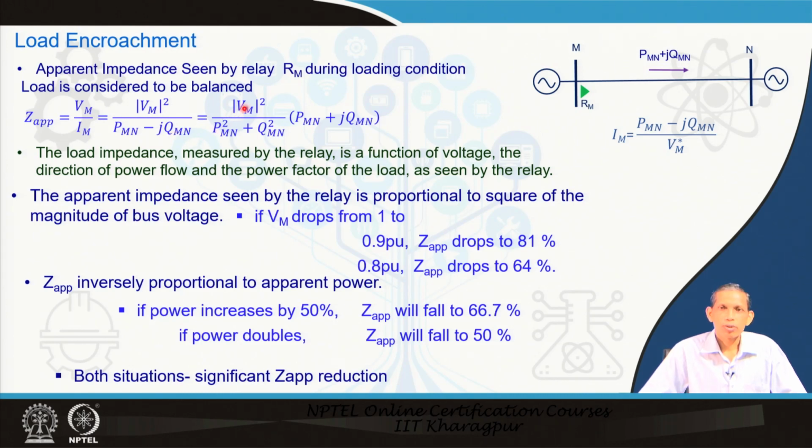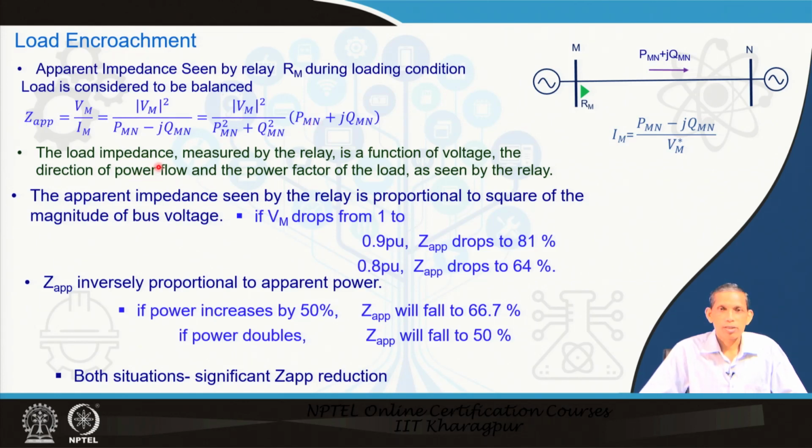So, this leads to another expression: magnitude of V m square upon P square plus Q square into P plus j Q. So, we see here the V m square, P square plus Q square in the denominator and P and Q in the numerator.